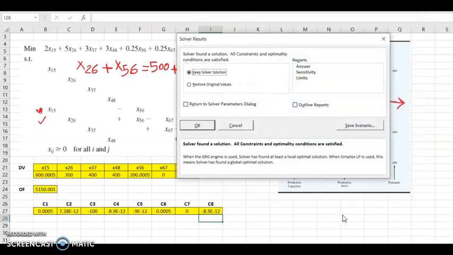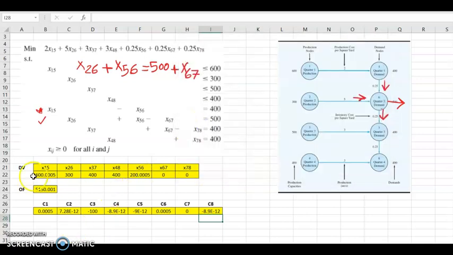And when I solve it, we get these results.